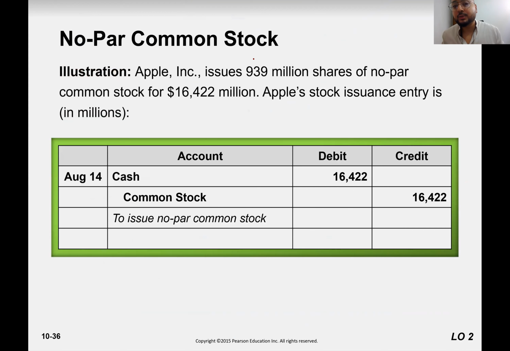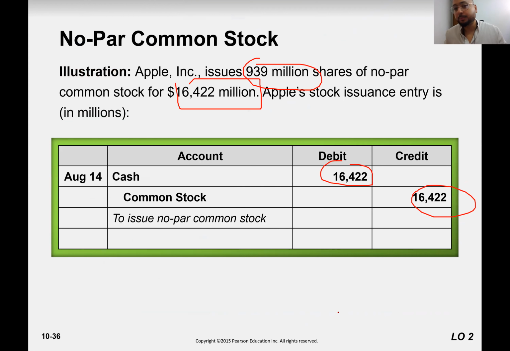If Apple Corporation issues 939 million shares of no par value at 16,422, the entry would be cash to common stock. That's it. What is the value of one share? We don't write it. Why? Because there is no par value. Right?